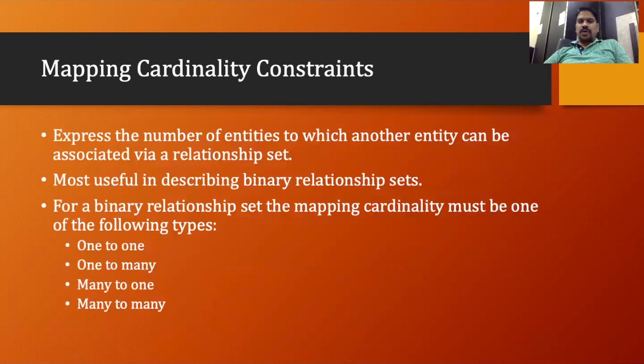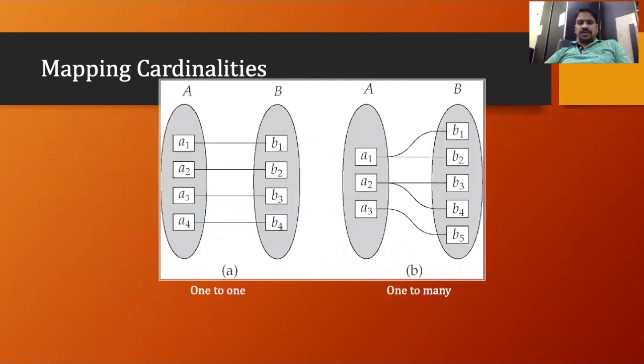Now let's talk about the cardinality. As I told you, many to many, many to one, how can we express those, right? So this is the way we can represent the cardinality of one to one or one to many. This is one to one, right? Why is it one to one? Because in an entity, let's say the customer, and in another entity, let's say the account, there are many instances, right?